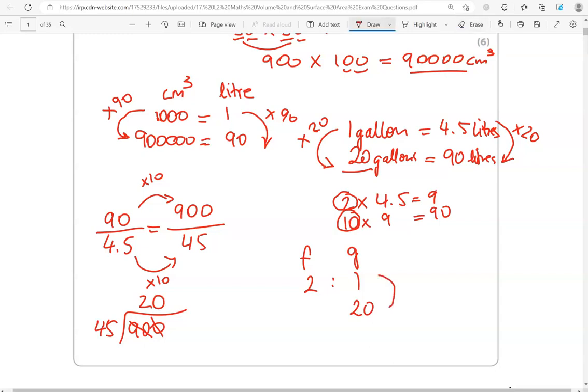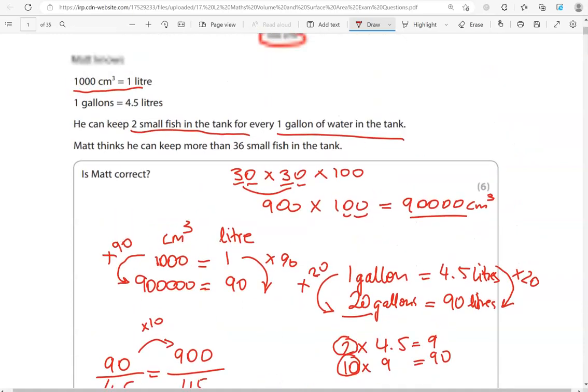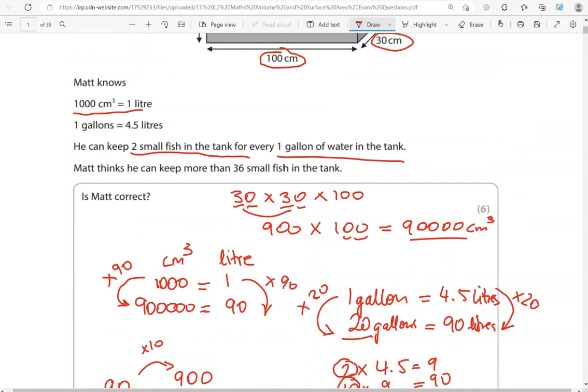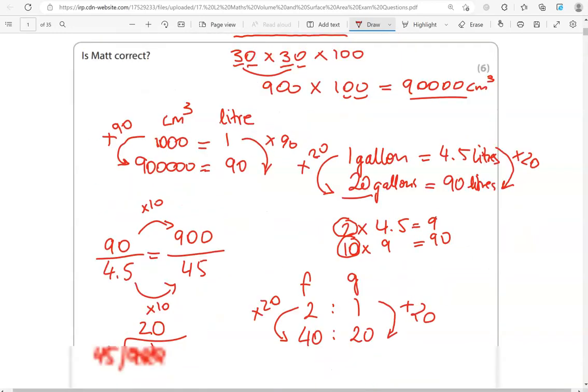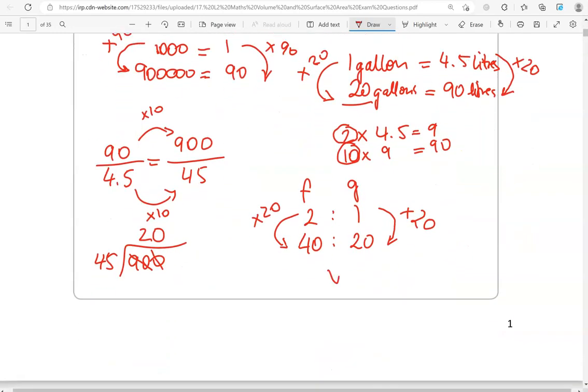So how do we get from 1 to 20? By multiplying 1 by 20. Doing the same here, 2 times 20, that is 40. So 40 small fish can fit in the tank. Matt thinks he can keep more than 36 small fish in the tank. Is Matt correct? We're going to say yes. He can keep 40.